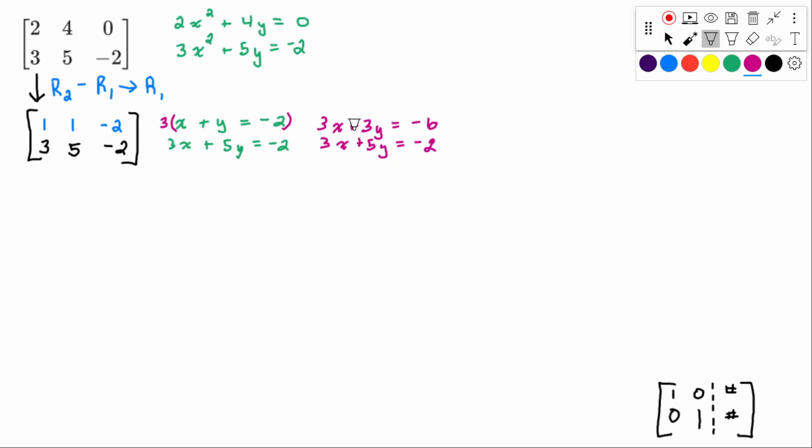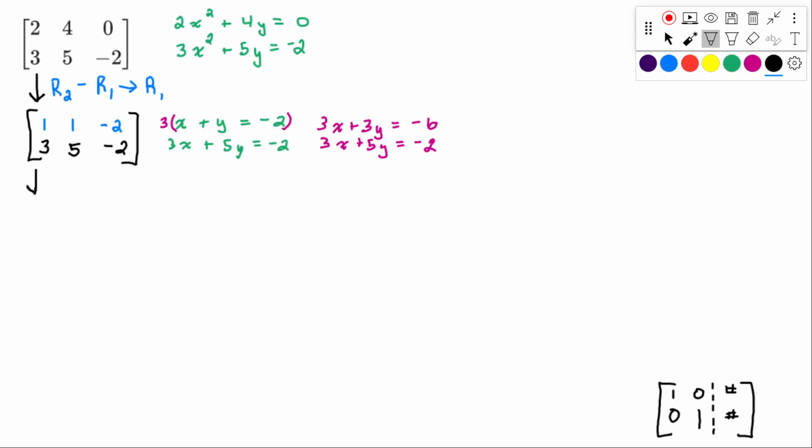Well, I can do a subtraction of row 2 with that multiple of row 1 to get zeros again. And the reason I'm saying take row 2 and subtract row 1 is so that I can keep as many positive numbers as I can for as long as I can.